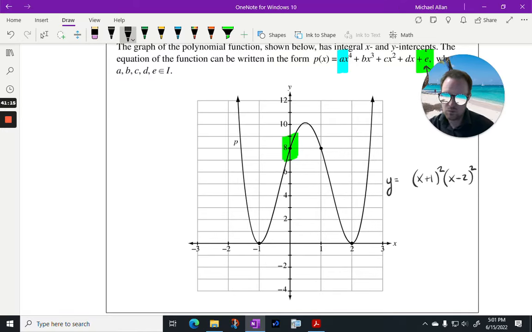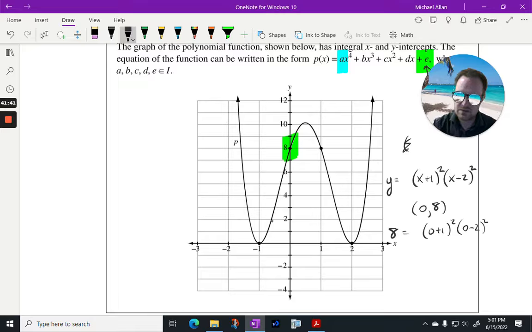But 1 squared times -2 squared, it doesn't matter if it's -2 or +2, so that's 1 times 4, I get 4. So if I put a 0 in, I need to get an 8 out. That's what that point is saying.